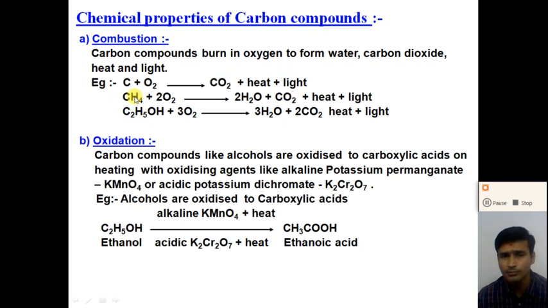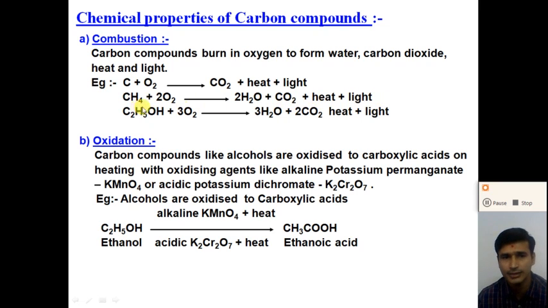Similarly, if we take any carbon compound, alkane group, right? Methane, ethanoic acid, or any carbon compound. So if we take methane, CH4, the name of the one carbon compound with four hydrogen atoms, CH4, is methane. It burns in the presence of oxygen O2 and gives water H2O plus carbon dioxide CO2, heat and light.